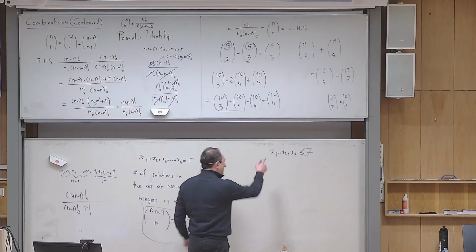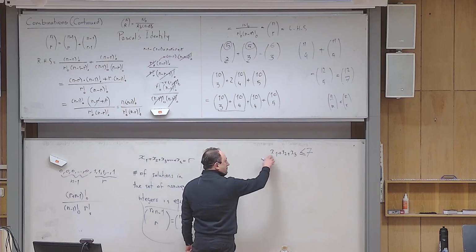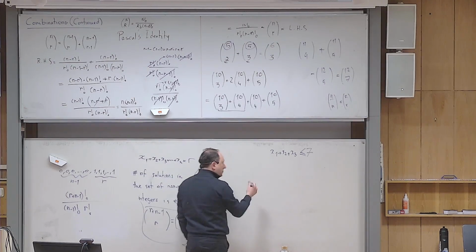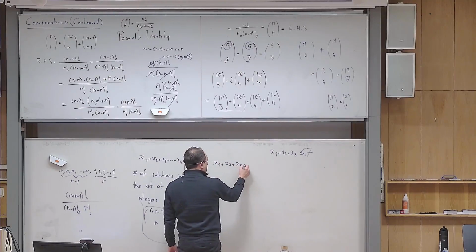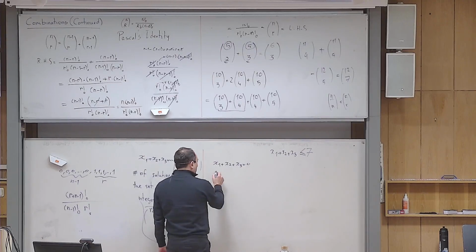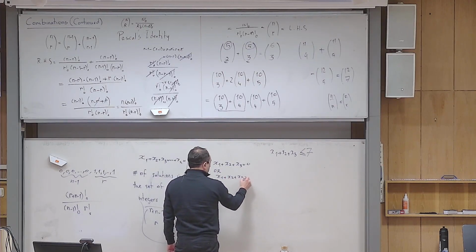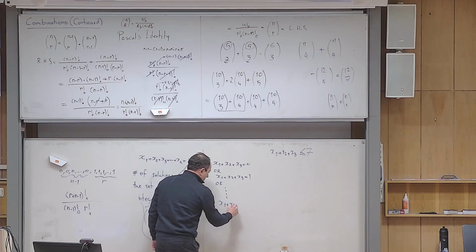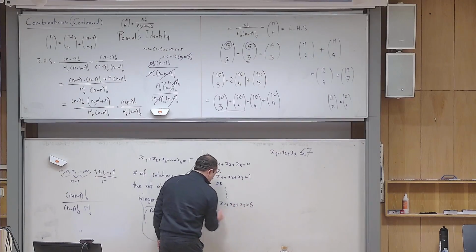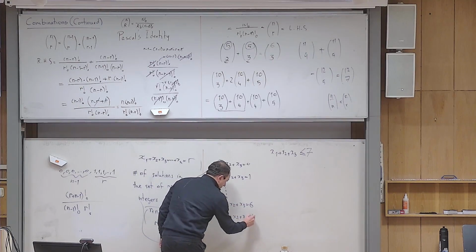Okay, so it means that the number of ways that I can respect this condition is equal to the number of ways that I can respect this condition, or this one.